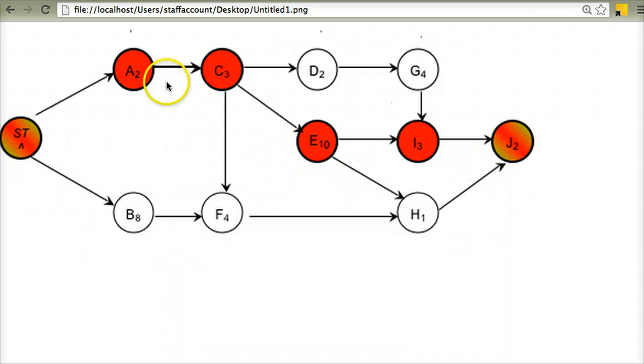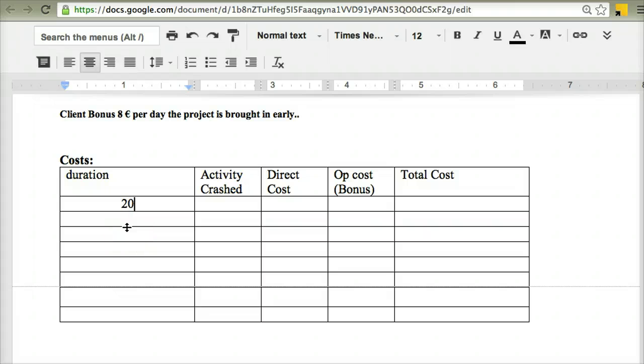So I add up those durations: 2 plus 3 plus 10 is 15, plus 3 is 18, plus 2 is 20. I go back into my table and say the duration of the normal critical path is 20 days. I haven't crashed any activities yet, so I'm going to put a hyphen in there.